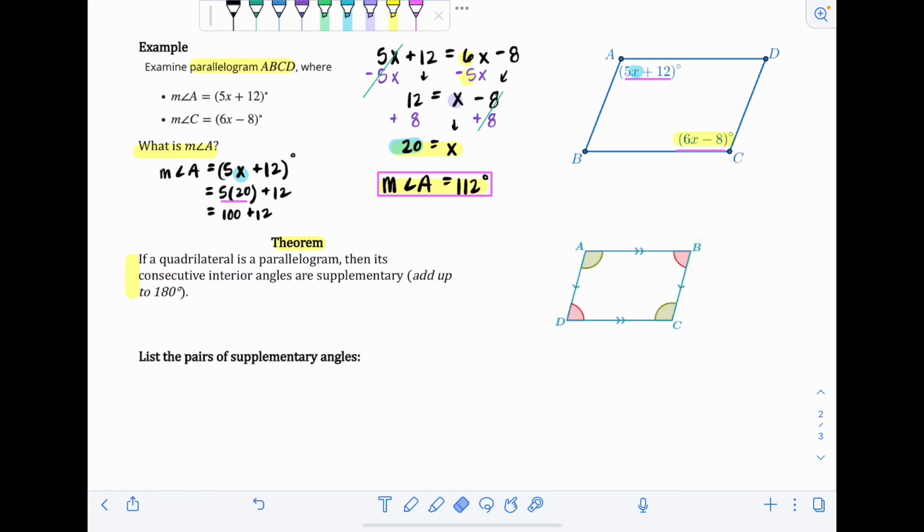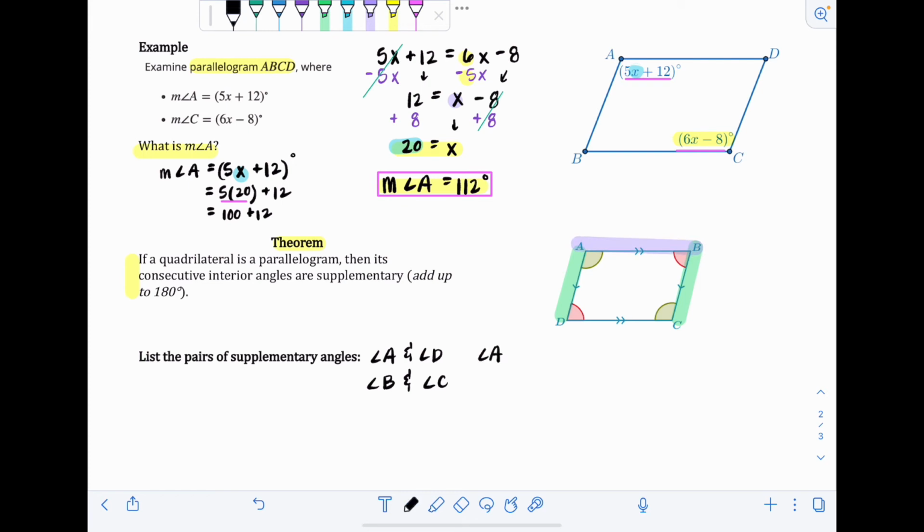So we're going to list the pairs of supplementary angles. So let's say we go on this side, angle A and angle D. And then over here, these two are beside each other. So angle B and angle C. And then A and B are next to each other on that top side.